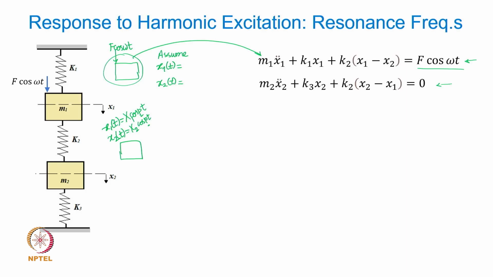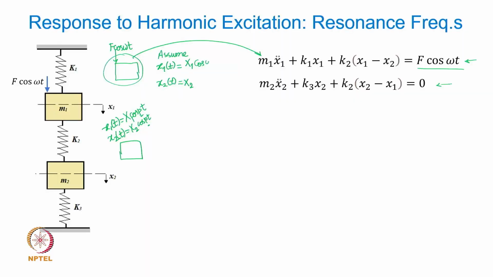So what is going to be x1(t) and x2(t)? In here also, the two masses can have different amplitudes. Okay, what will be the frequency with which they will vibrate? We all know for linear systems, they will respond at the same frequency. They will vibrate, they will oscillate with the same frequency as that of the excitation, right?